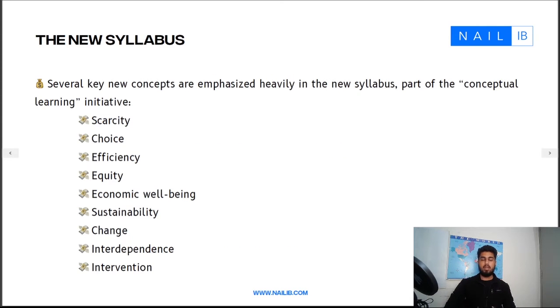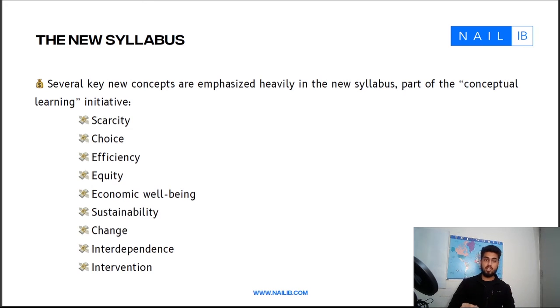Moving on, the new syllabus. As I've already stated before, IB is now giving a lot of emphasis on the 9 new concepts. These concepts are scarcity, choice, efficiency, equity, economic well-being, sustainability, change, interdependence, and intervention. Now, personally speaking, none of this is new. It was all there before.